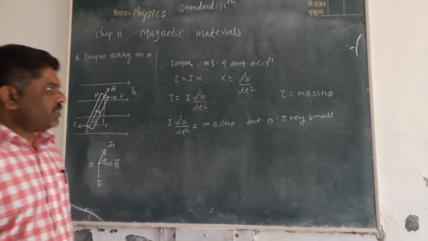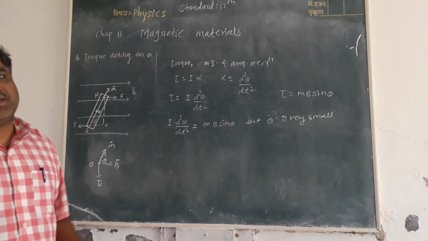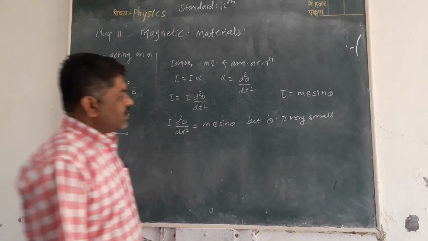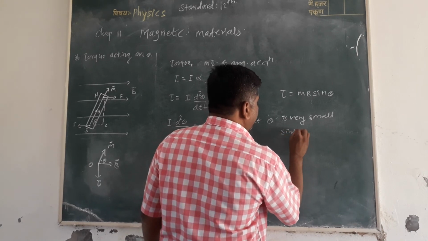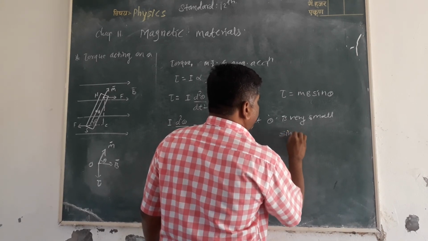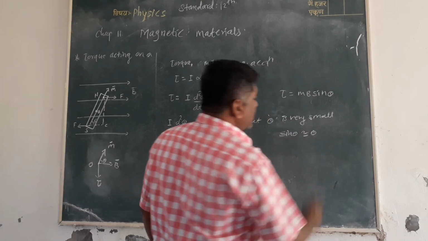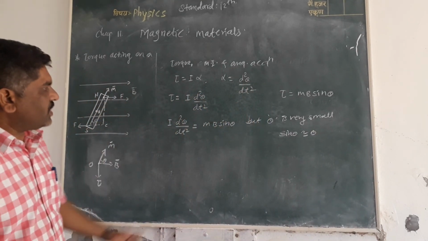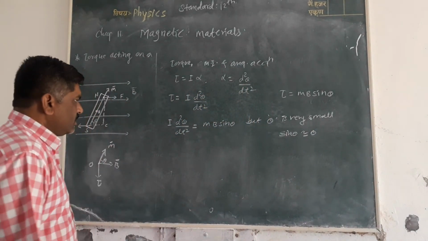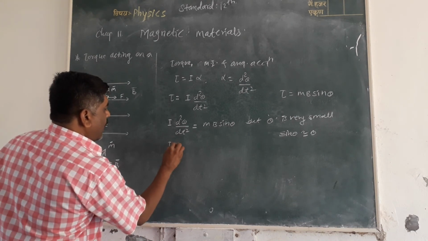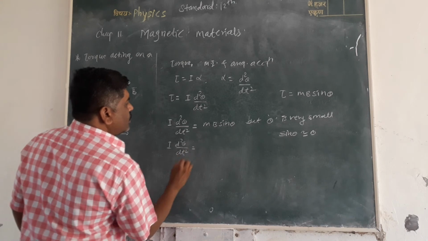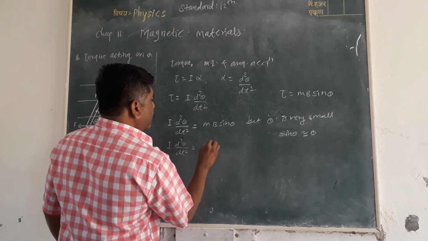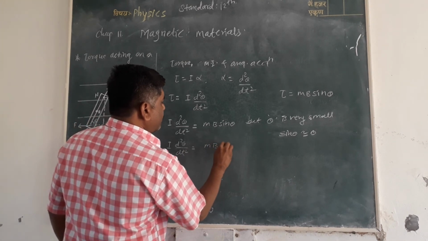When theta is very small, the value of sin theta and theta are nearly equal. That is, sin theta is nearly equal to theta. Then instead of sin theta, we can write theta: I d square theta upon dt square is equal to MB theta.